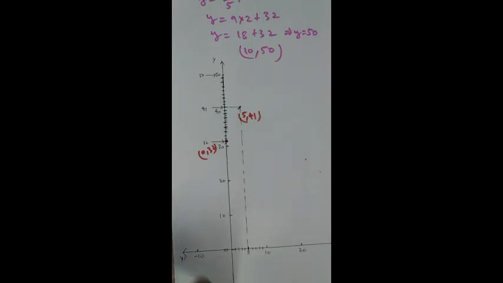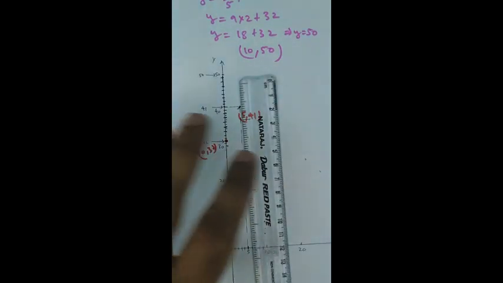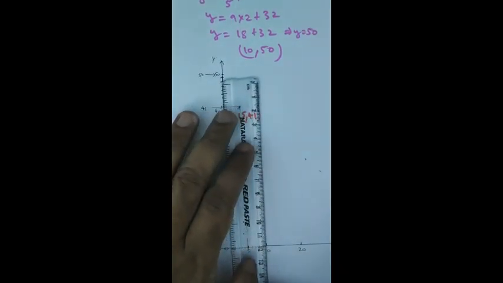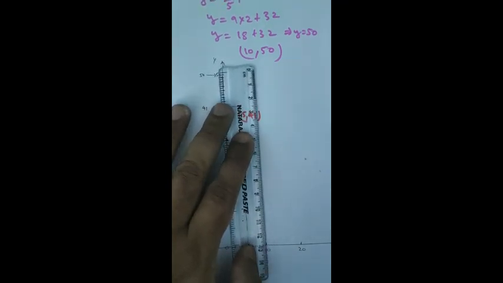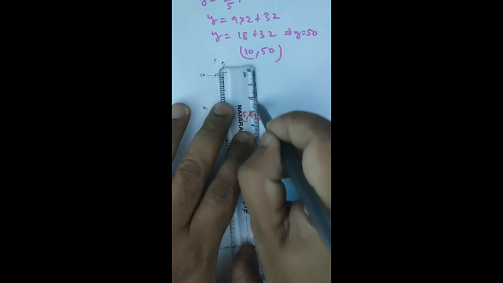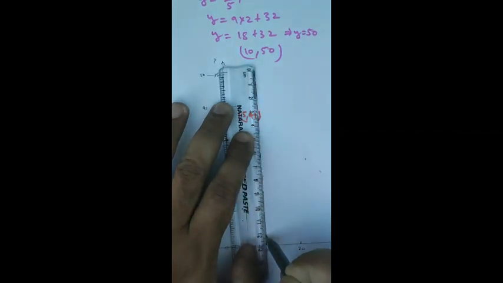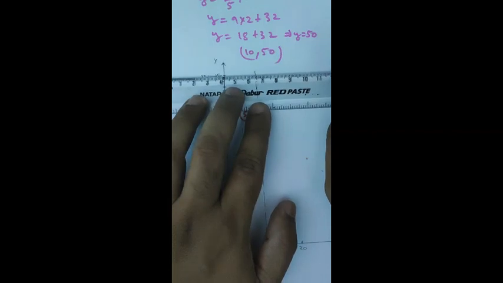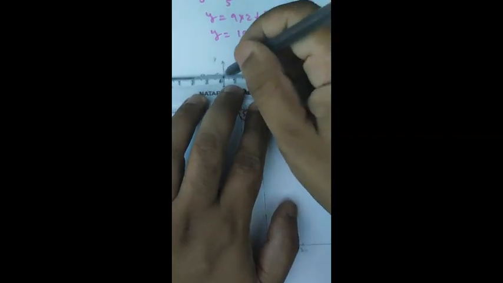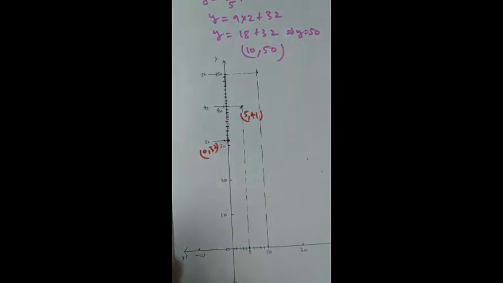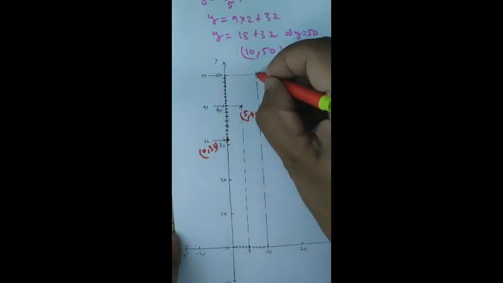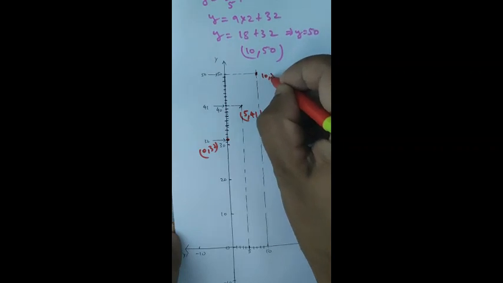Now the third point is what? 10, 50. So 10, 50, again with the help of a ruler. And this is the point. So we have got the third point, that is 10, 50.